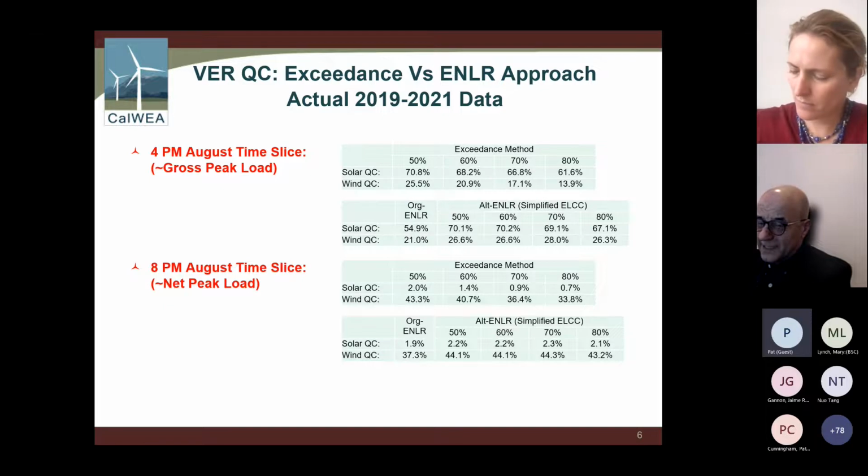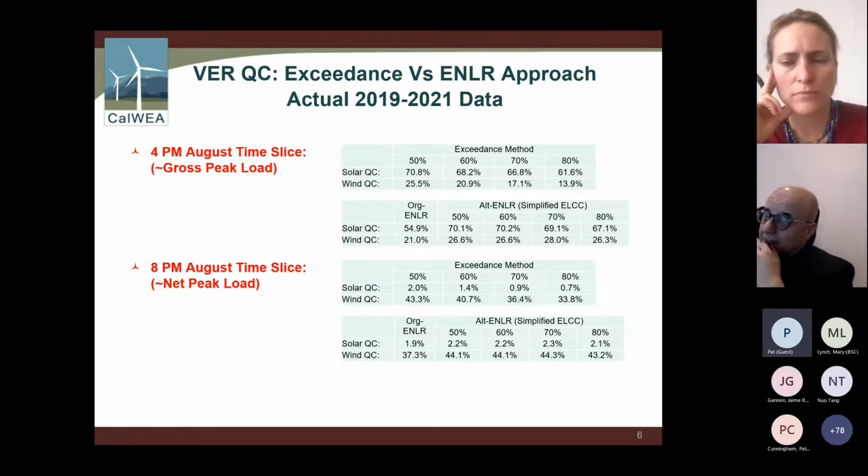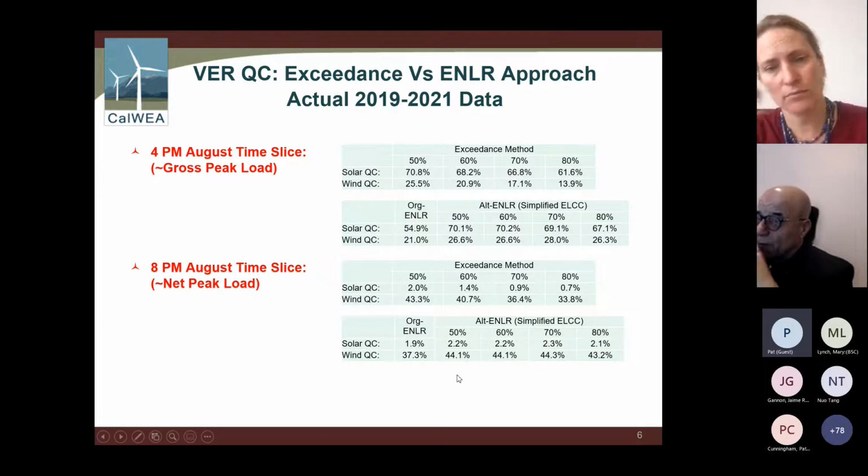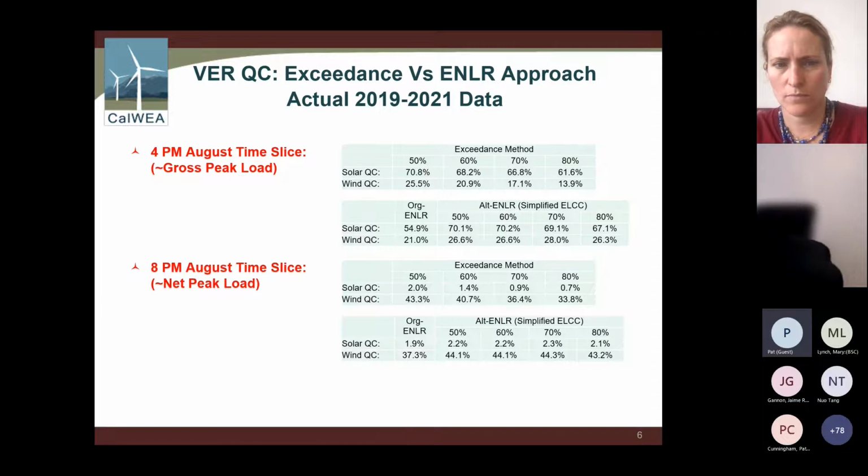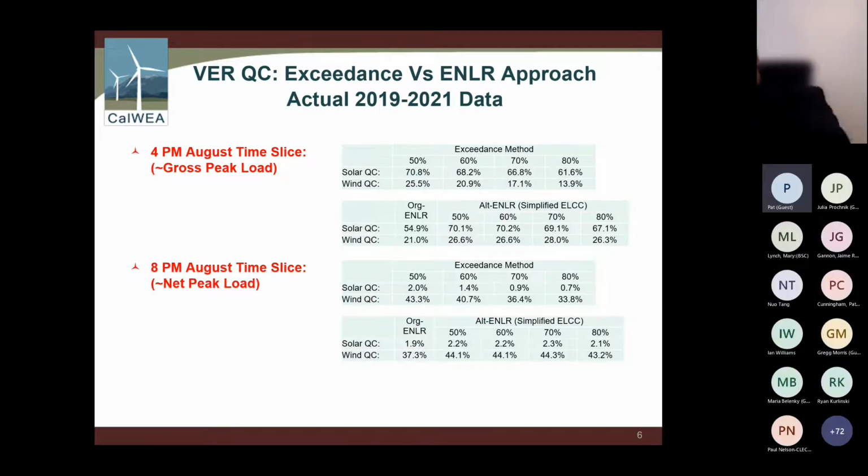Since ELCC's basic principle is to make sure that generation only matters when it actually reduces load. If it doesn't reduce load, you can have a lot of capacity. Exceedance can show you a ton of capacity, but if load doesn't need it, it's of no value.